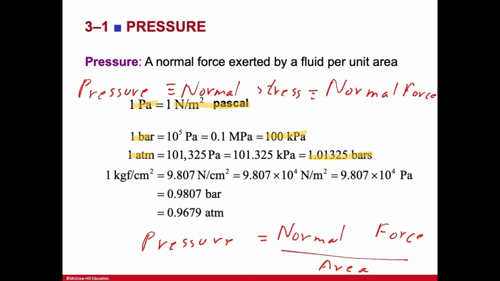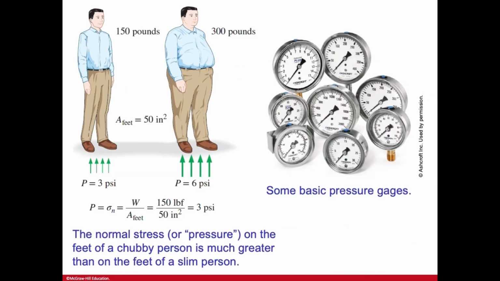So since pressure is nothing but force per unit area, if you want to visualize this, the example given here is of two people who have the same area of the feet on which their weight acts. The area of the feet is 50 inch square, but one of them weighs 150 pounds while the other person weighs 300 pounds.